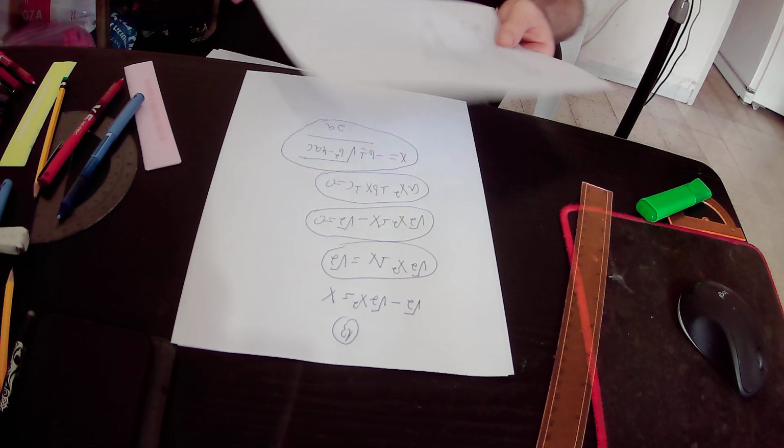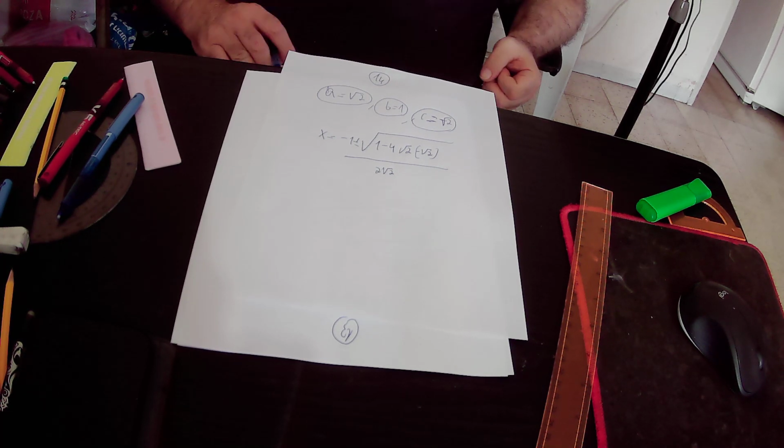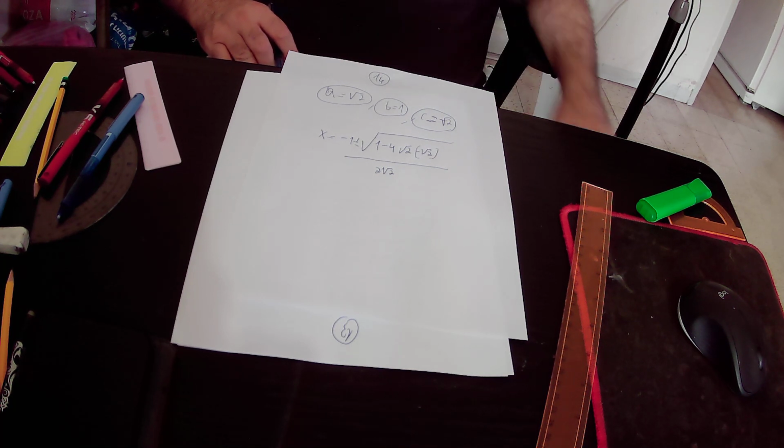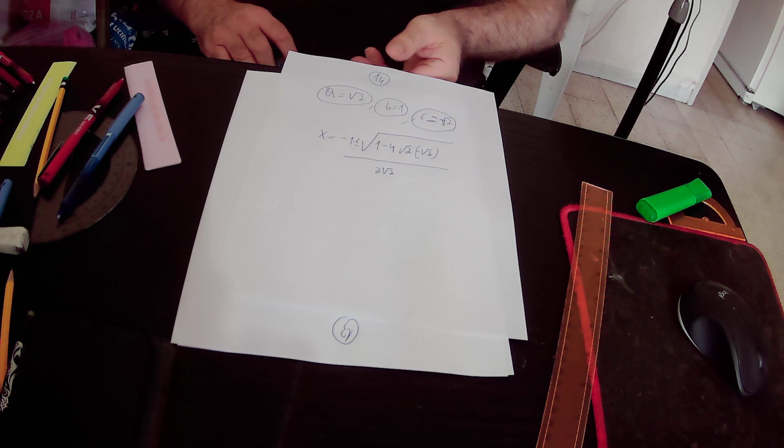So in total we got that x equals minus 1 plus minus root of 1 minus 4 times root 2 times minus root 2. Minus and minus is plus, and root 2 times root 2 is 2, and 2 times 4 is 8. And 1 plus 8 is 9.